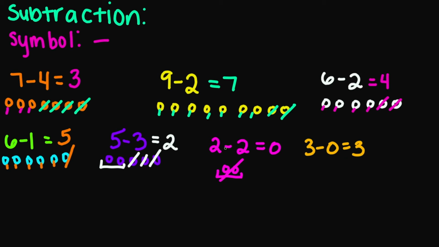All right, understand the difference between 2 minus 2 equals 0, however, 3 minus 0 equals 3. So this means 2 minus 0 is going to equal 2. What about 1 minus 1? It's also going to be 0. Okay, so these two are very similar, and then these two are similar.